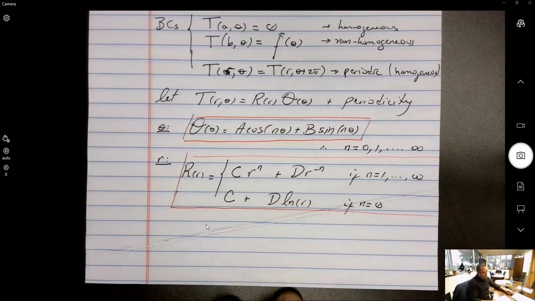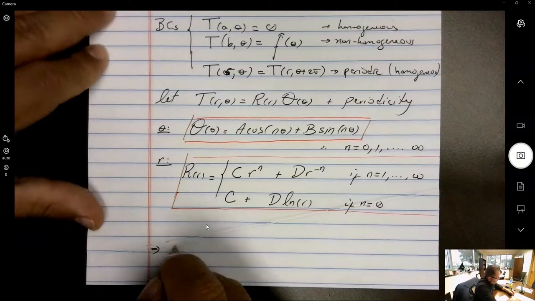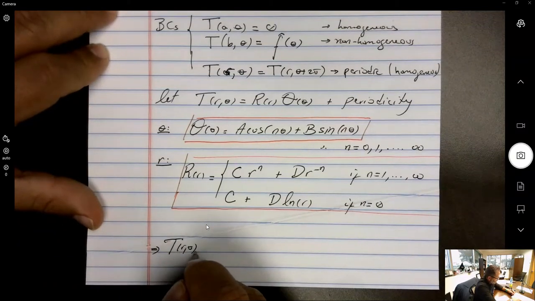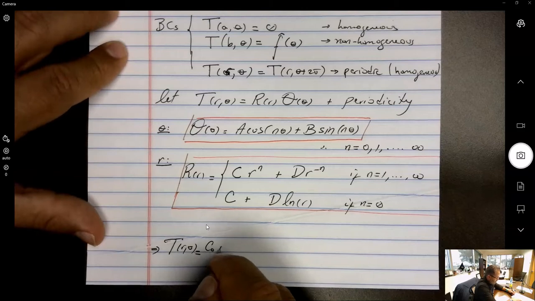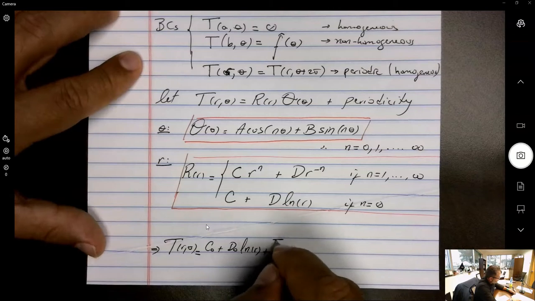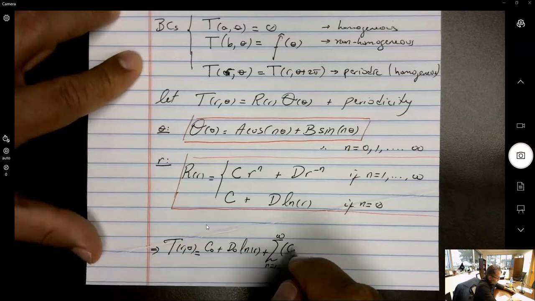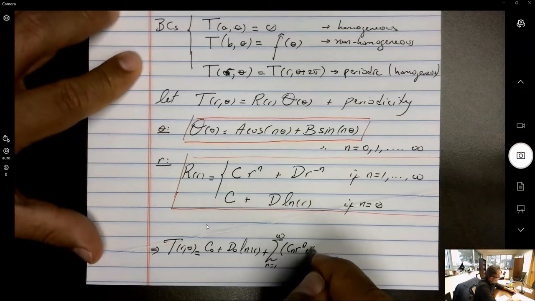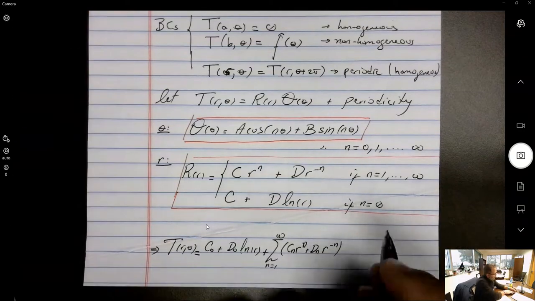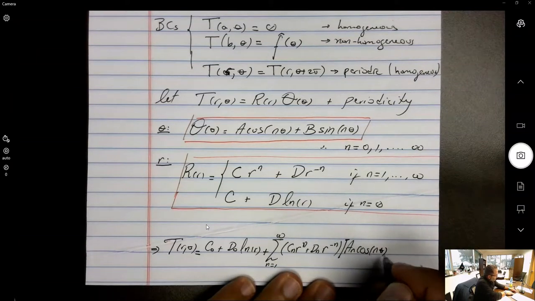So basically this leads to a general solution T of r and theta that is equal to C0 plus D0 times the log of r, plus the summation from n equal 1 to infinity of Cn times r to the n plus Dn times r to the minus n, times An times the cosine of n theta plus Bn times the sine of n theta.